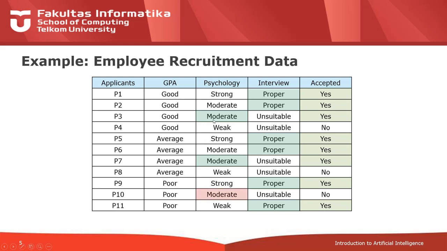But the problem is, even if the psychology is moderate on this one, in this case, it has a moderate psychology, but this one is not accepted. So the different attributes may affect the output or the label in different ways.